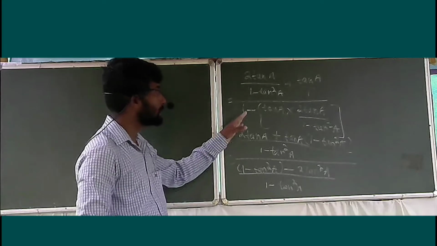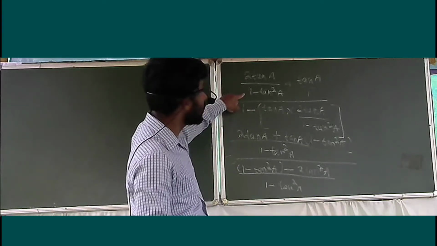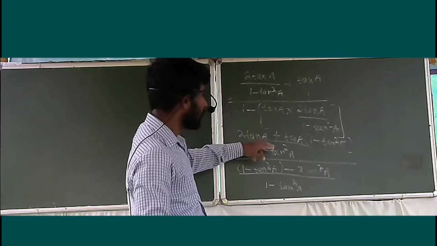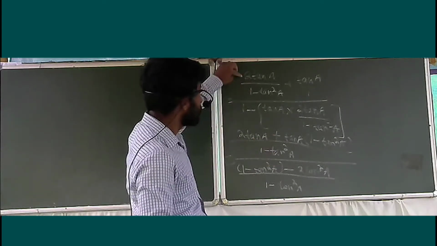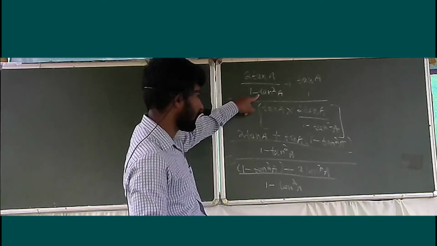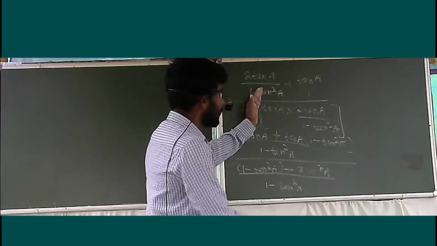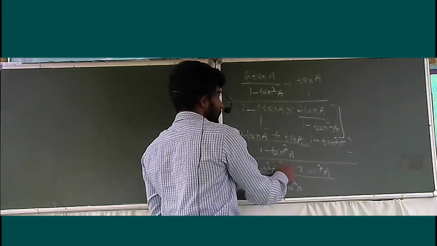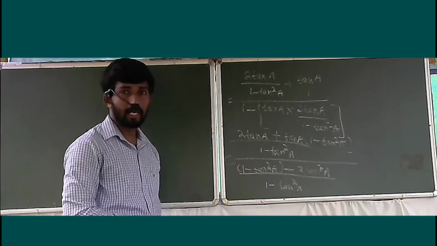Just taking LCM. See here, 2 tan a by 1 minus tan square a is there. LCM is 1 minus tan square a, right? 2 tan a plus cross multiply tan a into 1 minus tan square a. Denominator, see here, tan a into 2 tan a is 2 tan square a. Denominator 1 minus tan square a is there. Cross multiply 1 into 1 minus tan square a minus 2 tan square a, whole divided by 1 minus tan square a.